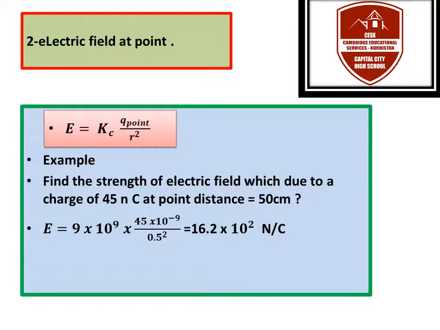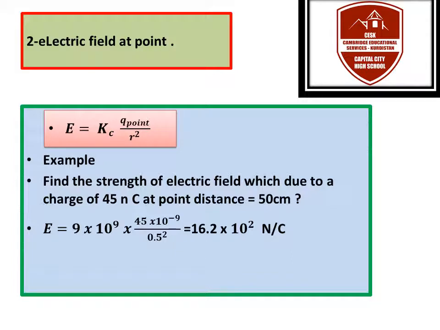Here, number 2, electric field at a point. If you remember, we said with the point charge, the electric field is non-uniform.